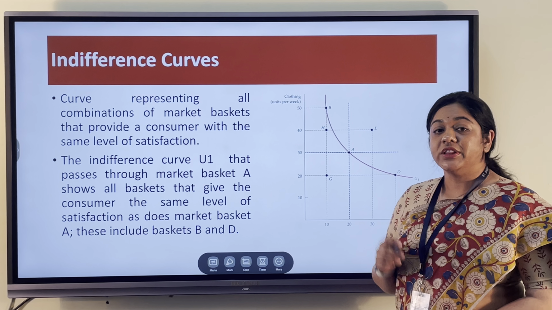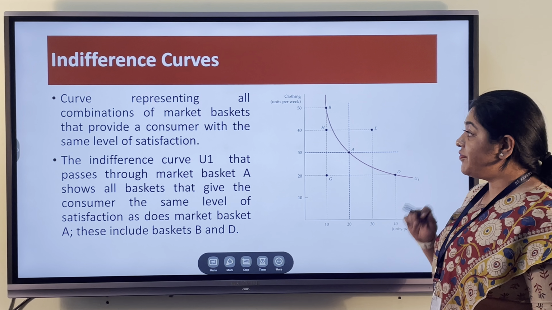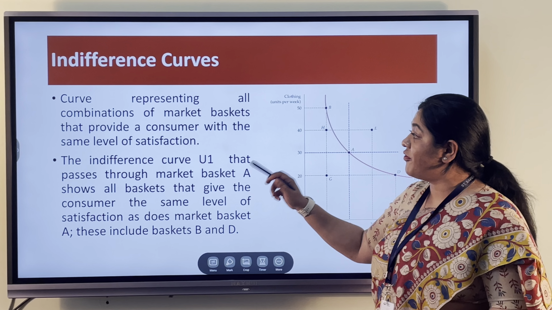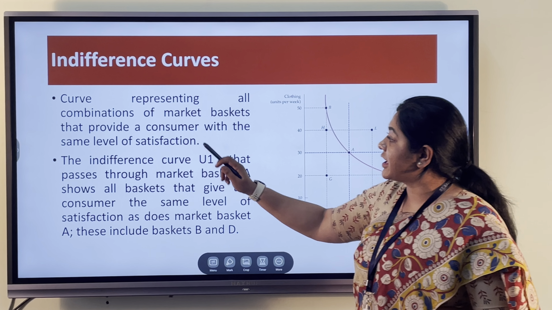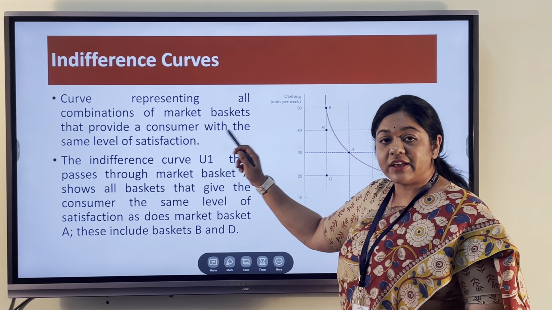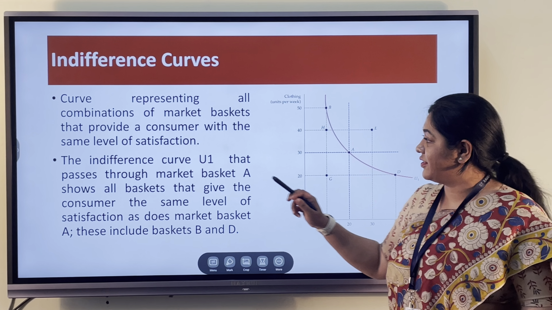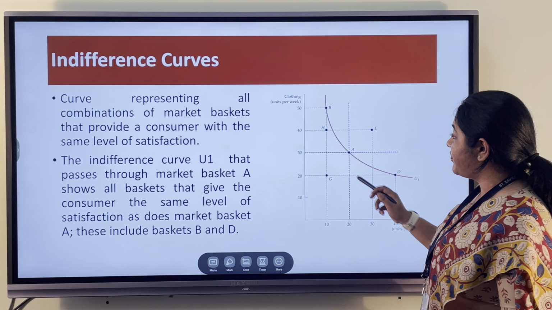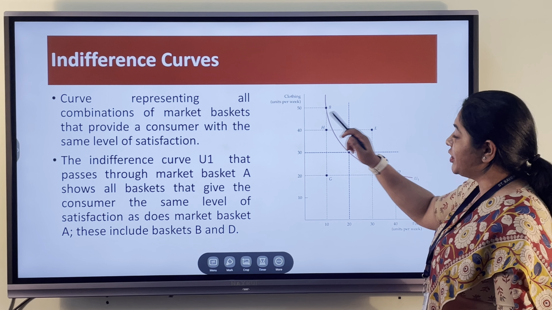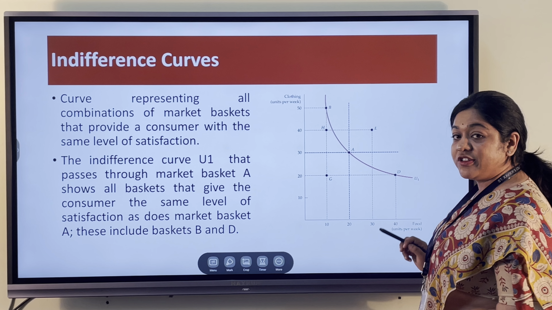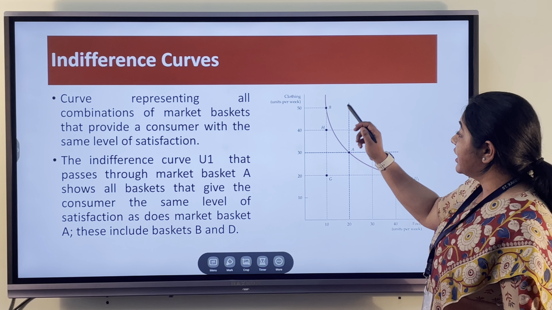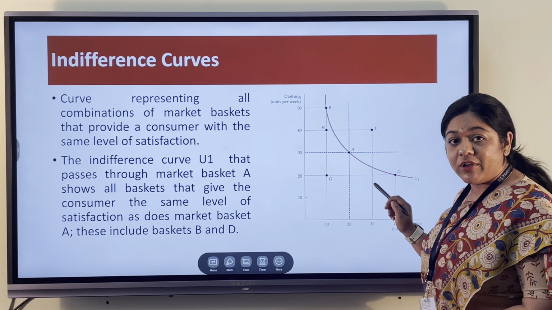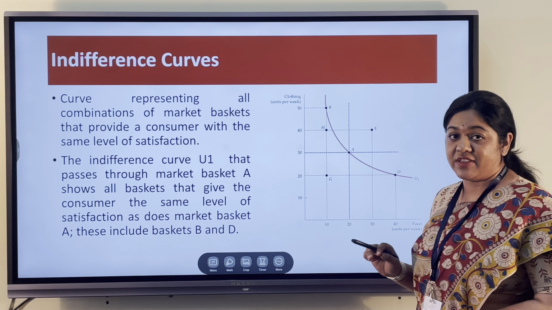Then we come to the indifference curves. The indifference curve is a curve representing the various combinations of market baskets that provide the consumer with the same level of satisfaction. So here in this diagram, we can see the indifference curve between clothing units per week and food units per week, and the points A, B and D represent the same level of satisfaction on the indifference curve.